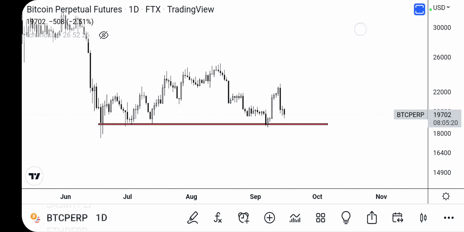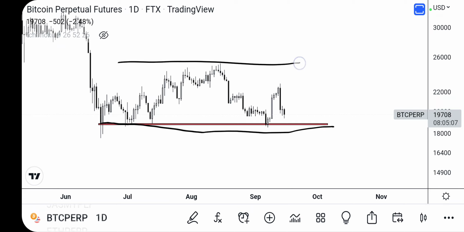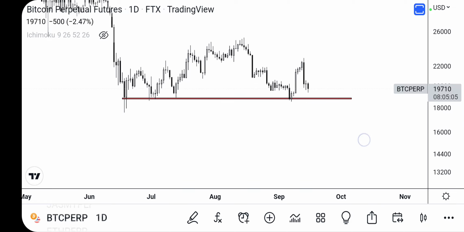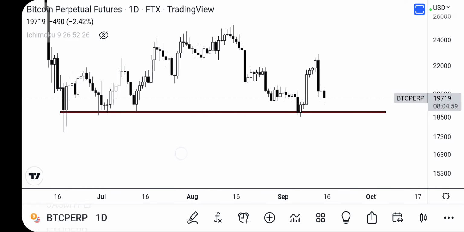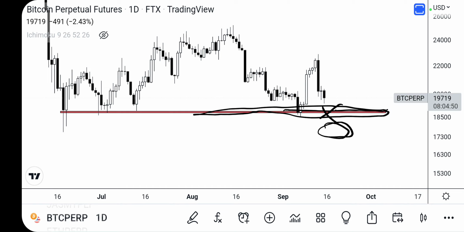Whenever you're looking at any chart pattern, don't forget, before it is valid, it must break the support, or if it is a bullish chart pattern, it must break the resistance. Now, for this head and shoulder to be valid, we want the body of the candlestick to break this level and close below this level of support.